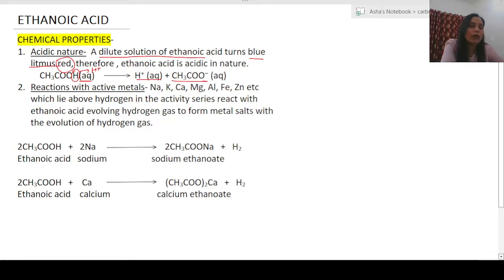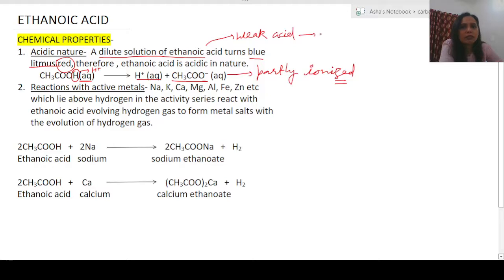So this is basically a partially ionized state, and ethanoic acid is actually a weak acid as compared to the strong acids like HCl or H2SO4, which get completely ionized, or broken down completely in their aqueous state into H plus and Cl minus. Ethanoic acid is weak as compared to them.